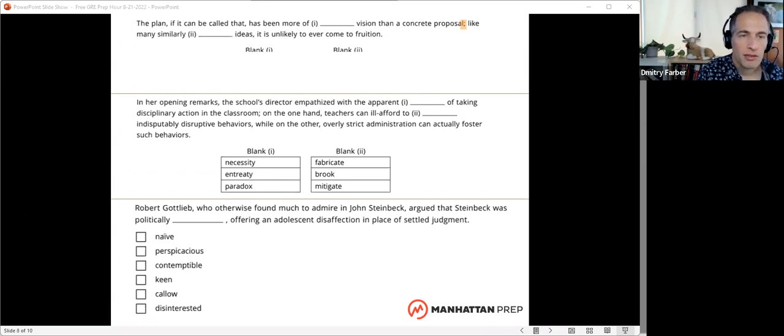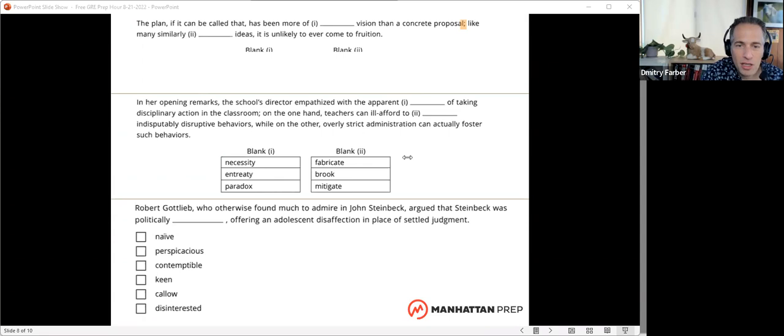What would be a good contrast to a concrete proposal? So far, what I know is that the plan isn't much of a plan, right? The author seems negative about it, and that it's not concrete.